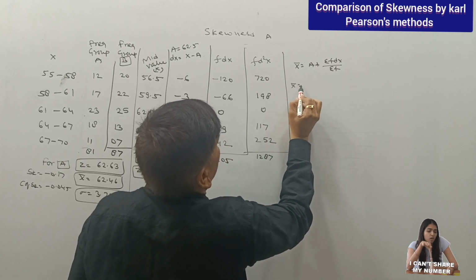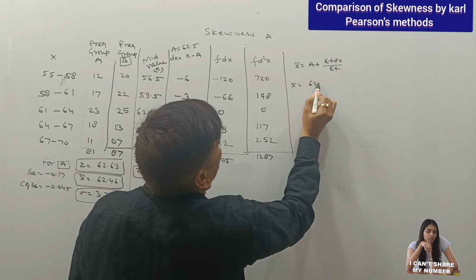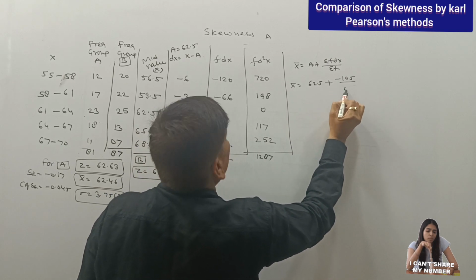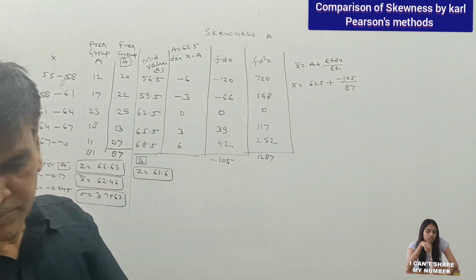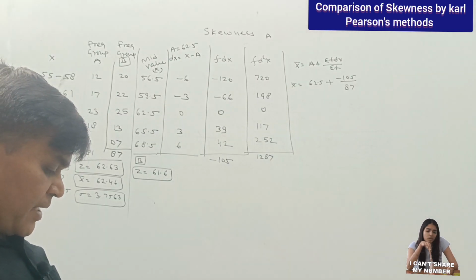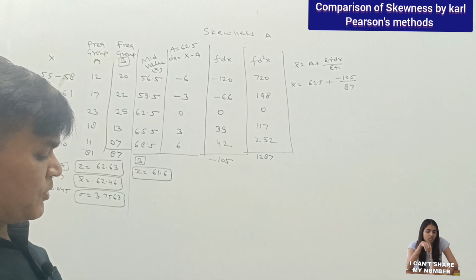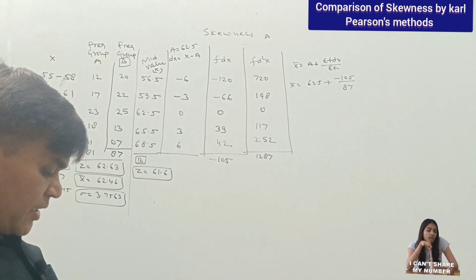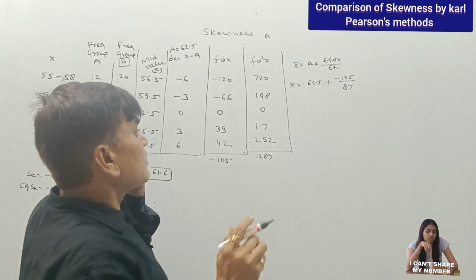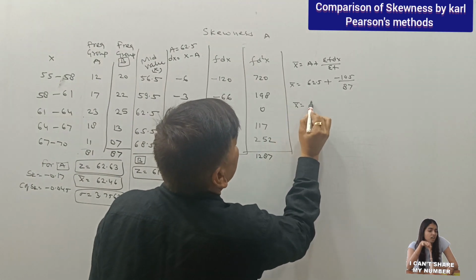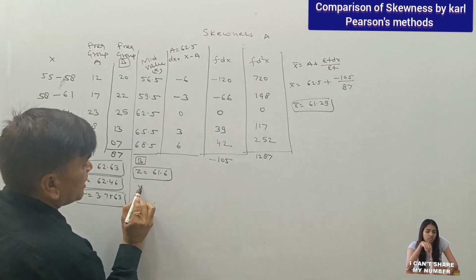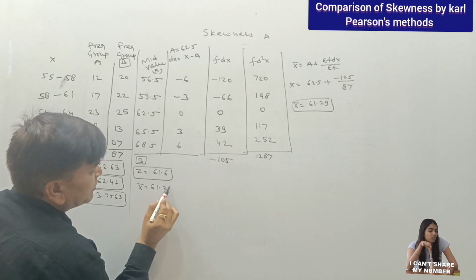So the value of x bar is 62.5 plus minus 105 divided by 87. 105 divided by 87 is minus 1.2068, and with 62.5 that gives 61.29. So x bar is equal to 61.29.